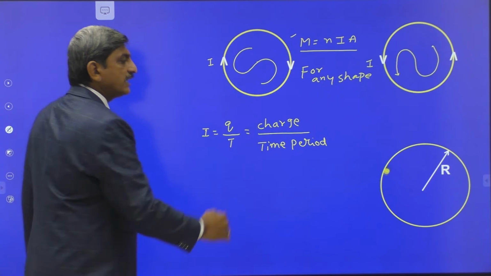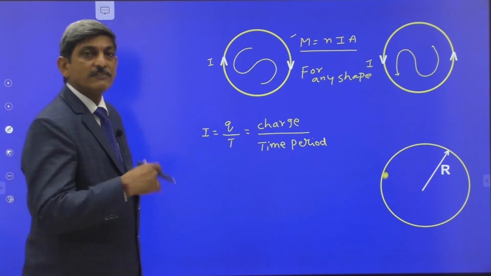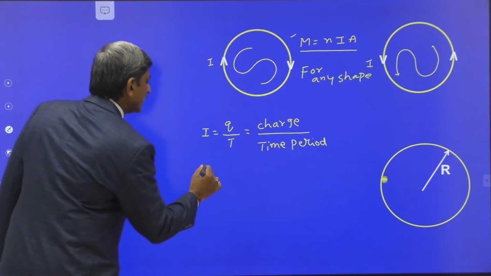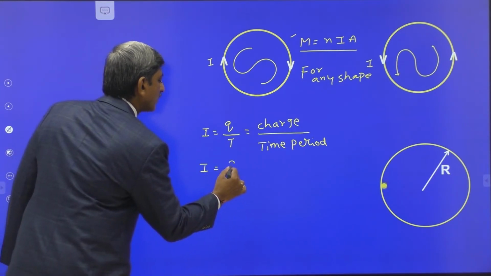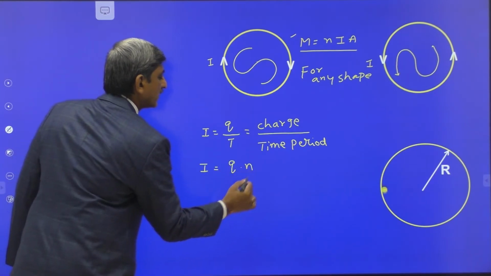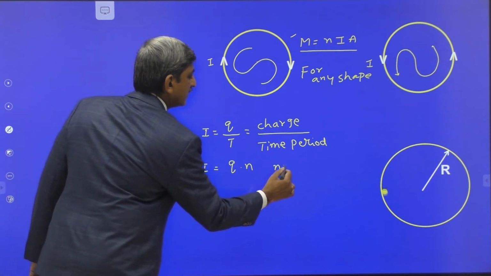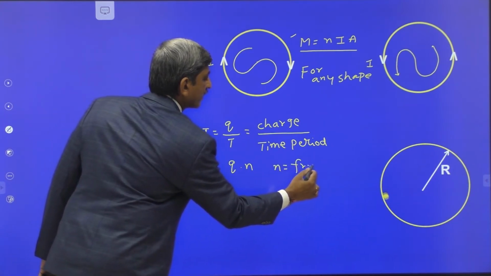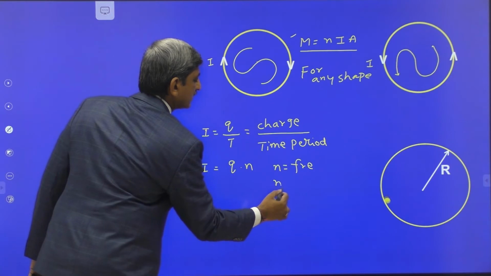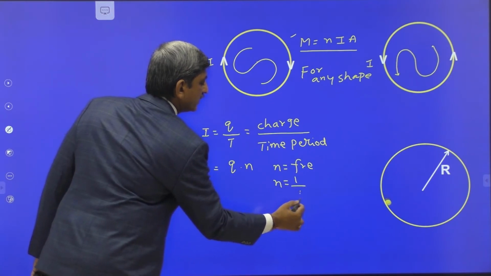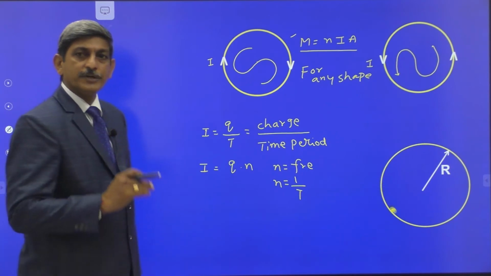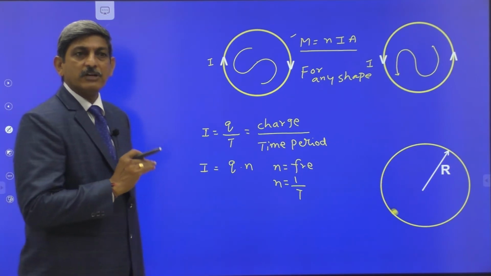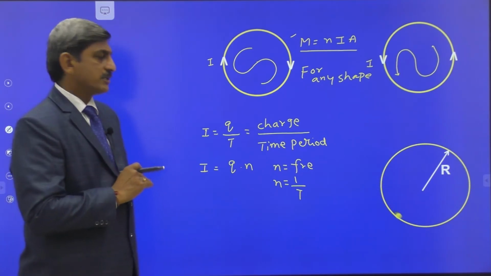Sometimes, instead of the time period, the frequency of the rotation may be given. In that case, we can write I is equal to Q into N. Here N is the frequency, because the reciprocal of the time period is equal to the frequency. We use this formula to determine the current equivalent of the rotating charge.